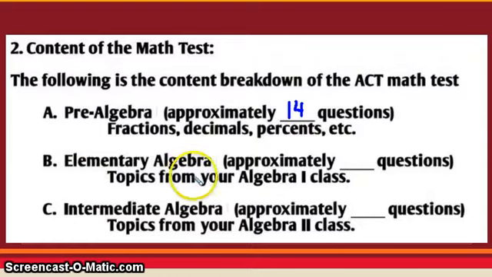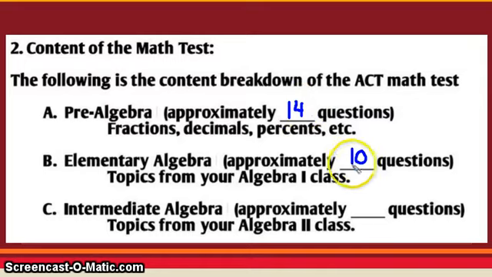Alright, elementary algebra is going to be another 10 questions. So this is your basic freshman level Algebra 1 class. Some of you may have taken it as an 8th grader. Some of you may have taken it as a 10th grader. Doesn't matter.